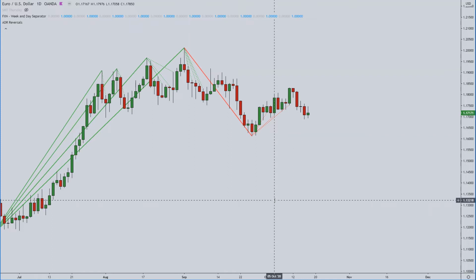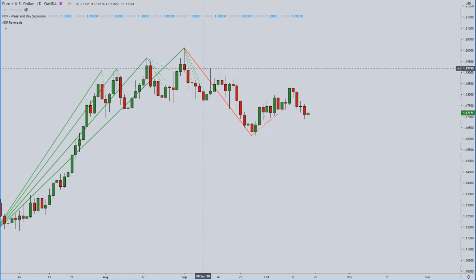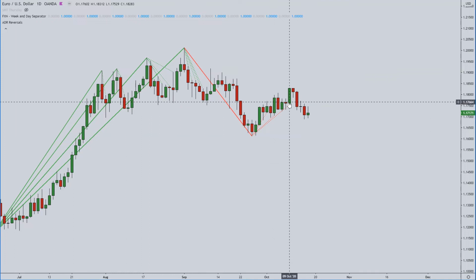This one is using something called ADR 5, meaning it's taking the last 5 days' average price and dividing it by 5. And then you get a median of price. So if it was 80, 93, 94, 117, it may be something like 93.5 pips on average, right?